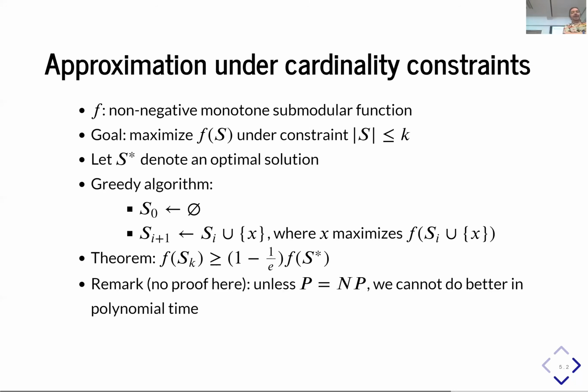The big theorem for non-negative, monotonic submodular functions is that the value of your greedy solution is at least 1 minus 1 over e times the optimal value. For information, the proof is kind of difficult, so I will not show it. But it's actually the best you can do theoretically, in the sense that unless P equals NP, you cannot have an approximation algorithm with a better value than 1 minus 1 over e.